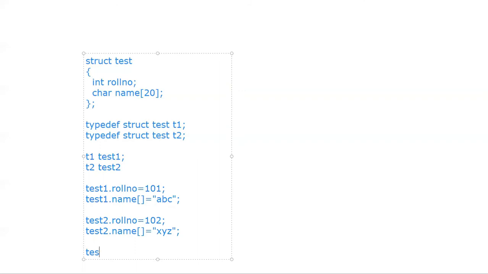Now somewhere I wish to assign the value of test2 into test1. Can I assign? Now, if your compiler is following the name equivalence concept, then it will give the error. Why? Because your test1 is actually the variable of T1 and your test2 is the variable of T2, and both are different.